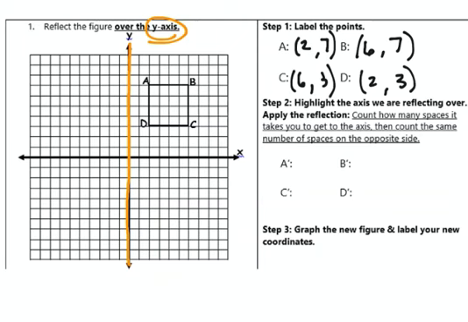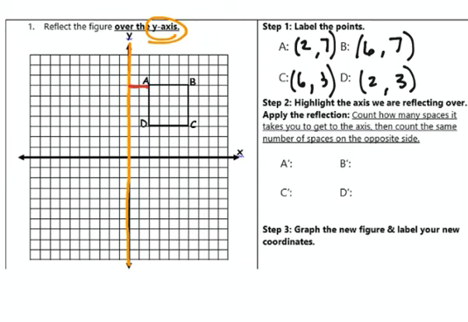for our original pre-image. In step 2, we already highlighted the axis that we're reflecting over, because I want to make sure we do that right away. Now it says apply the reflection. So in order to do that, the directions say count how many spaces it takes you to get to the axis, the highlighted axis, so the orange line, and then count the same number of spaces but on the opposite side. So let's start with A. So how far is A from that axis?